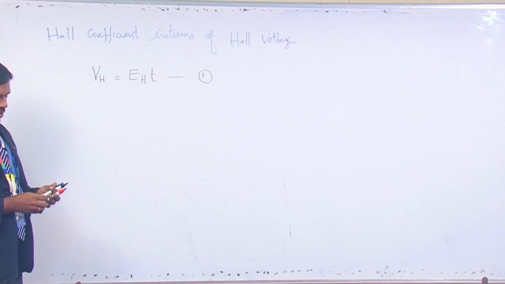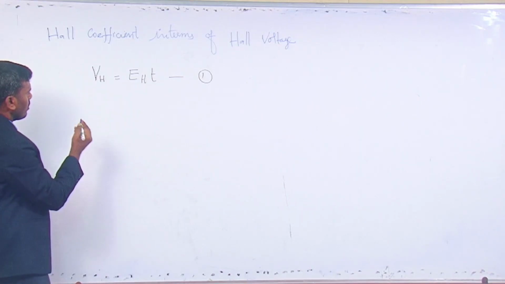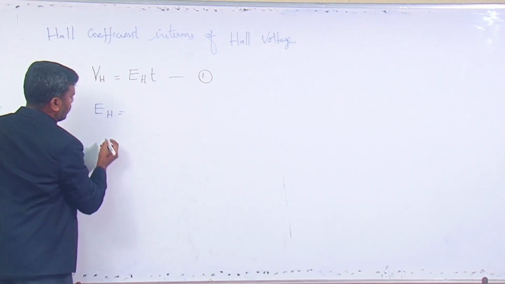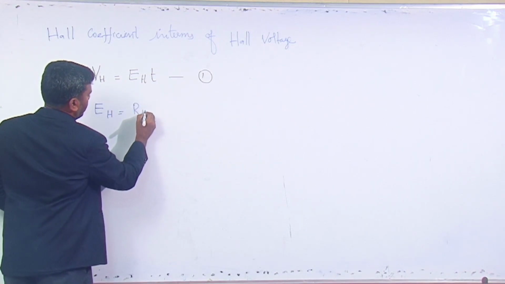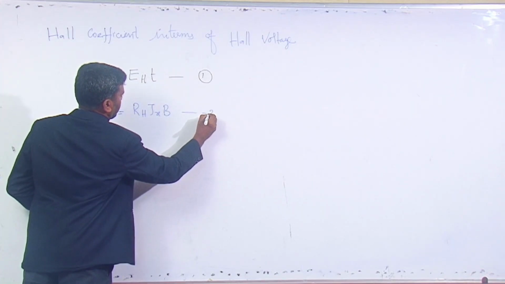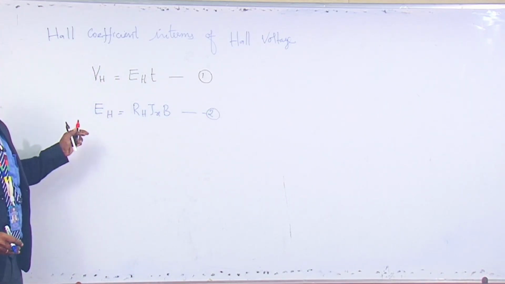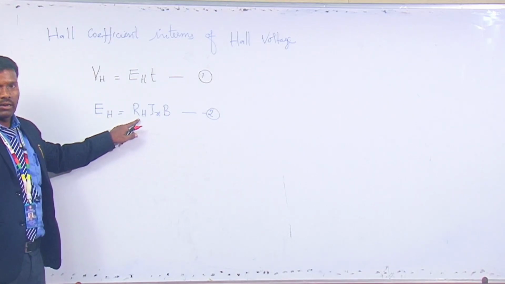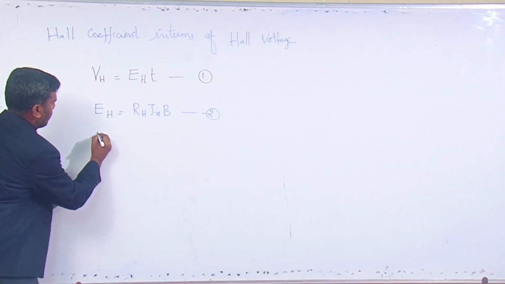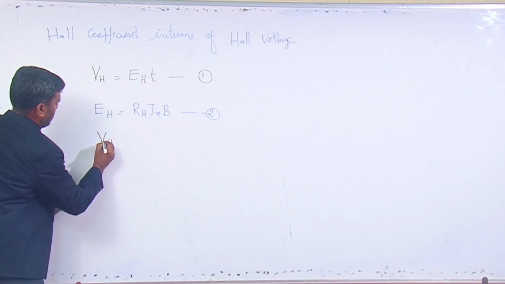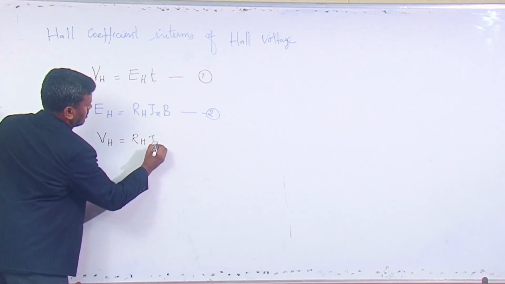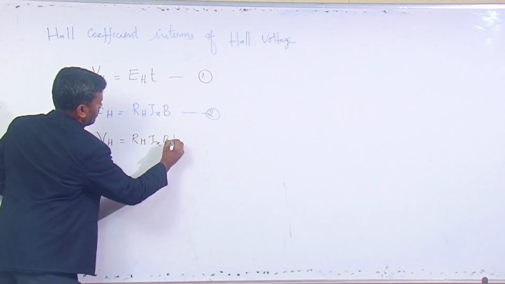Already you know the value of EH from the above derivation: EH is equal to RH Jx B. Then substituting these values, VH is equal to RH Jx B into t.